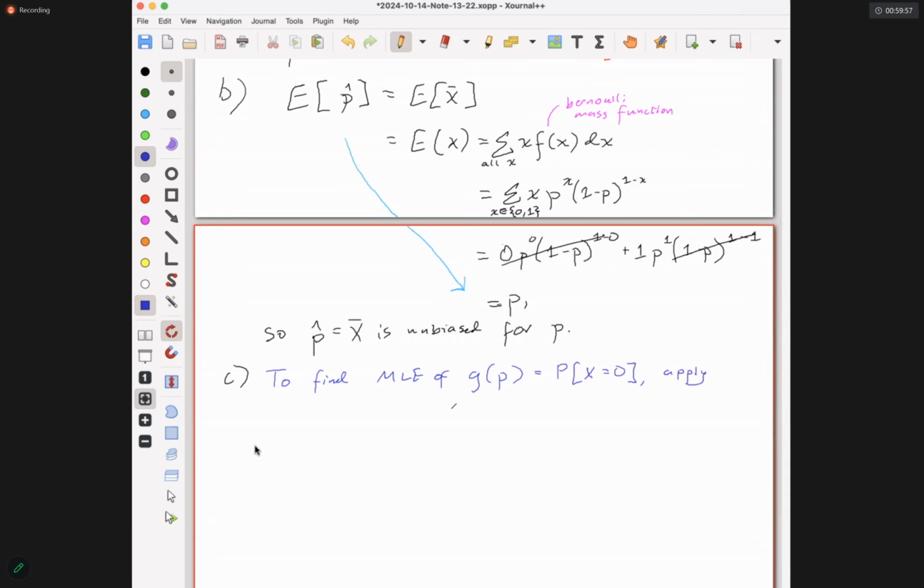What property of the maximum likelihood estimator lets us get a maximum likelihood estimator for this value?